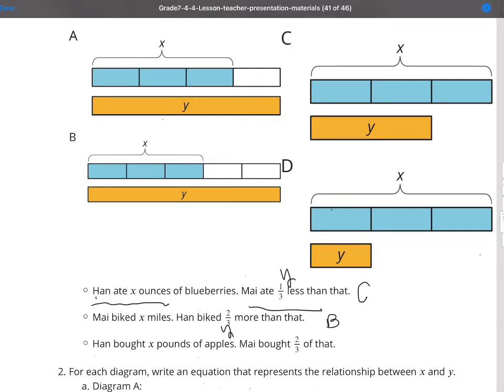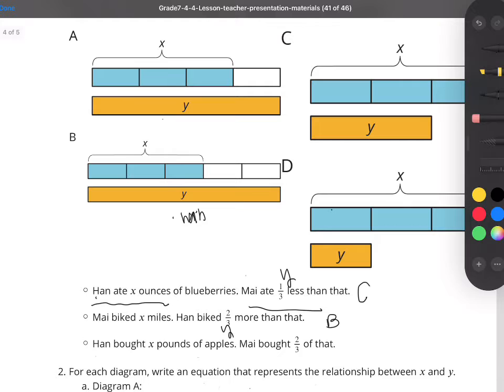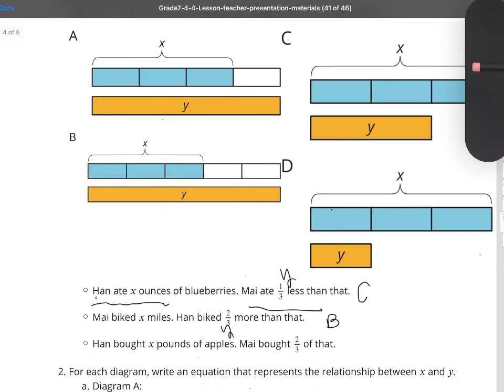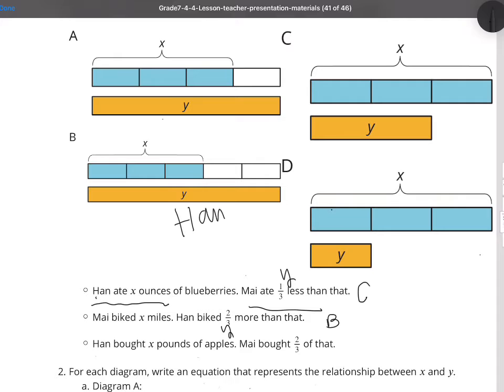Because Han is Y, and he biked 2/3 more than that. Well, this seems to be 2/3 more than X, so it would be B.